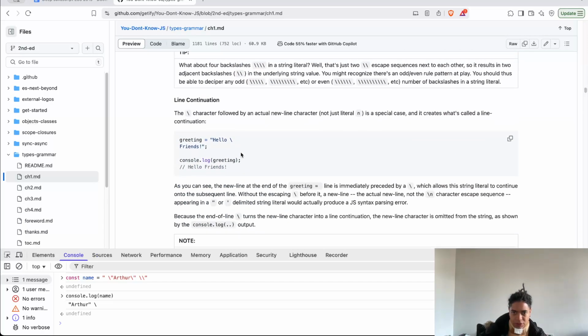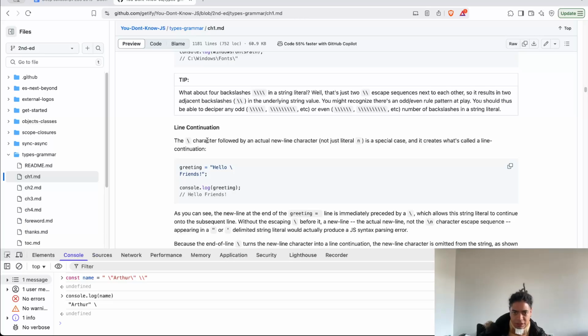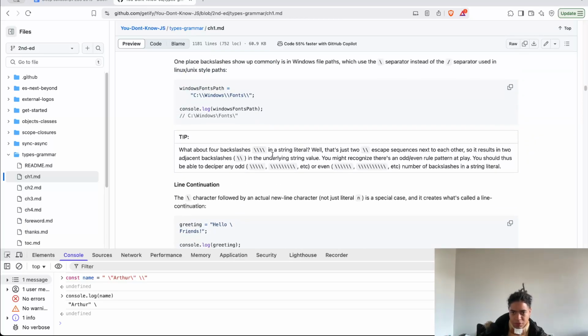Interesting. Very, very interesting. The other is a line continuation. What about four backslashes in a string literal? Well, that's just two escape sequences next to each other, so it results in two adjacent backslashes in the underlying string. You might recognize there is an odd and even rule pattern at play. You should thus be able to decipher any odd or even number of backslashes in a string literal.